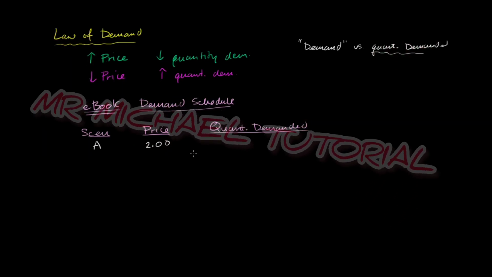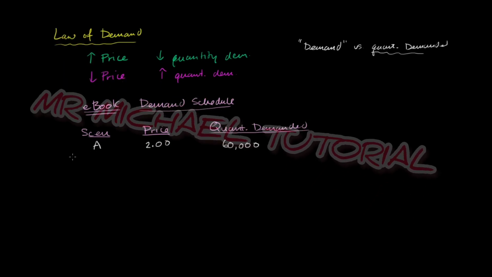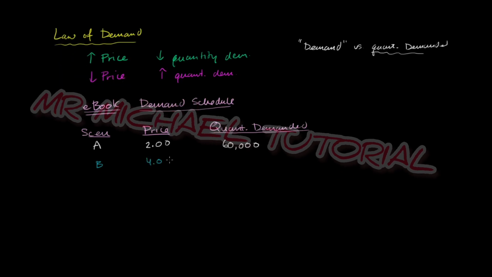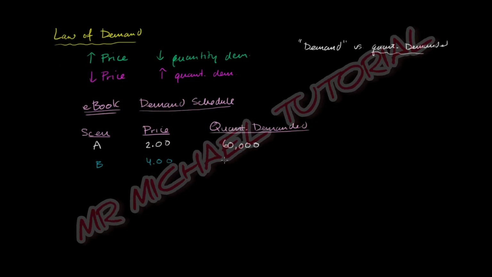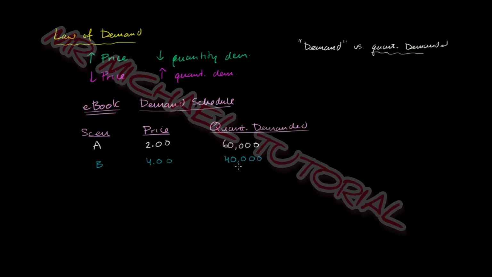And I'll get a ton of people downloading it at that price. So I will get 60,000 people to download my ebook at that price. Scenario B, I could raise the price by $2, so it's now $4, and then that kills off a lot of the demand. Now the quantity demanded goes down to 40,000 people downloading it.